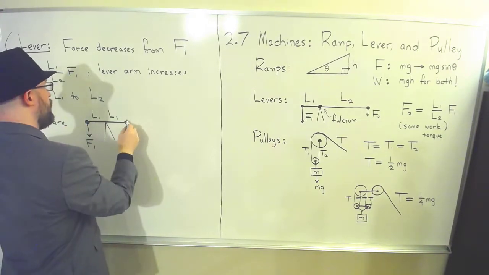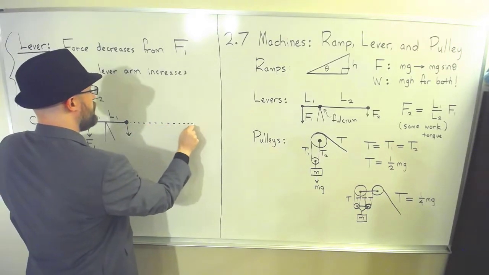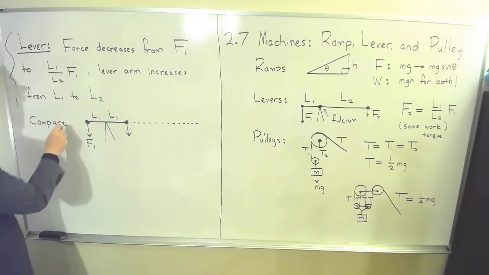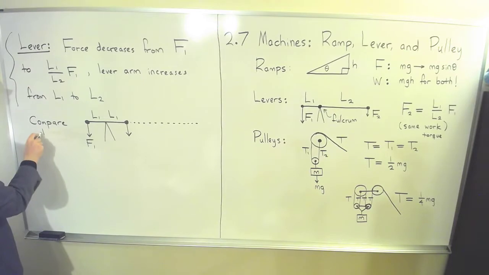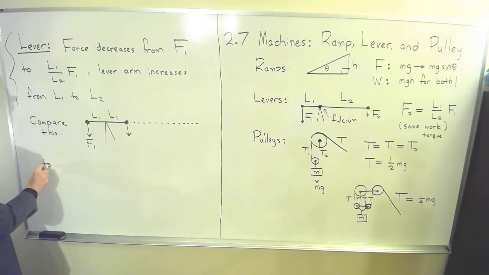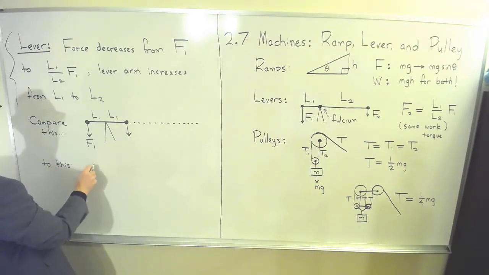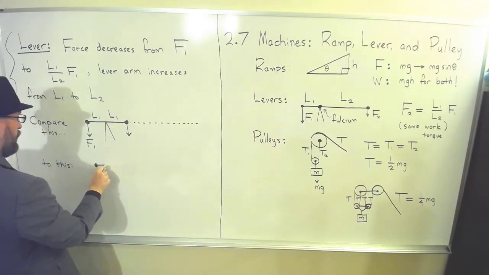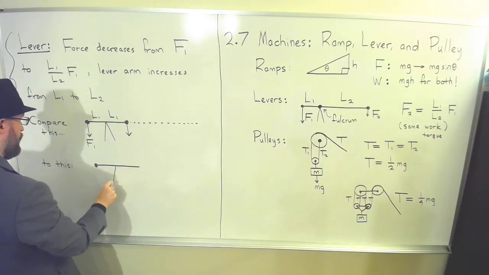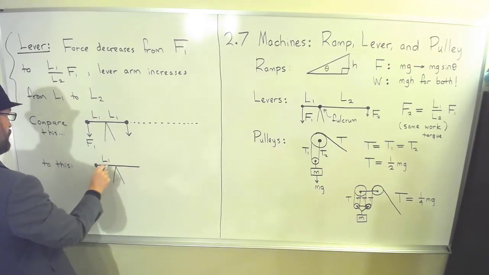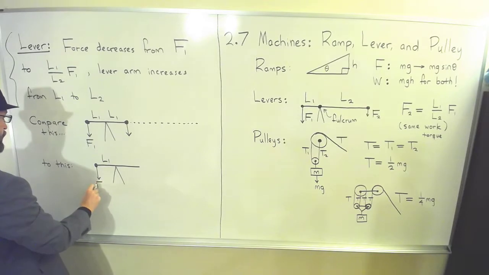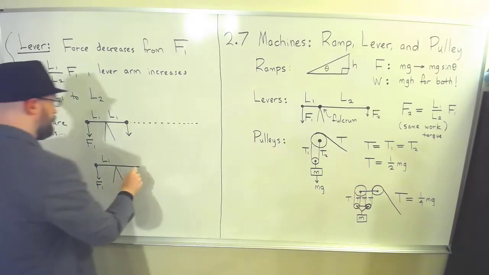So the strategy is going to be to increase the lever arm. You compare this to this, where you have the same picture with the length L1 and the force F1, and this is what you want to cancel out.